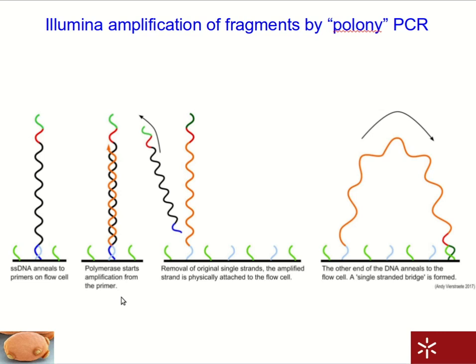So when we perform the same kind of PCR that we saw for the 454 protocol, in this case, the molecule will actually bridge and complement with an oligonucleotide that's sitting quite close to the original molecule.